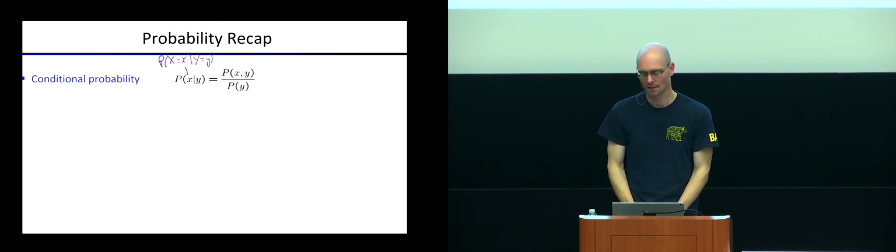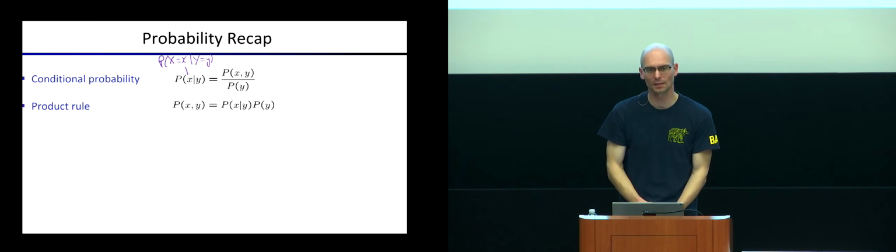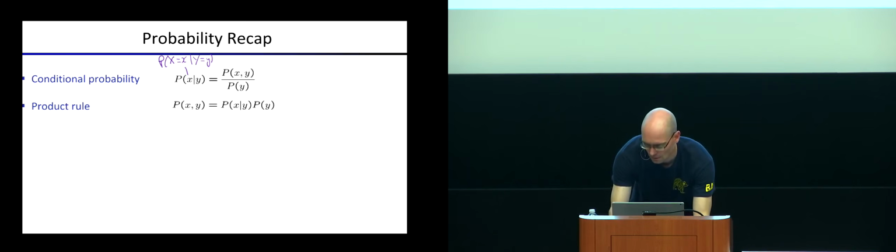That is saying, whenever y occurs, what fraction of times does x happen? You can reorganize this, and this gives you the product rule, that the joint probability of x and y is the probability of y times the probability of x given y. You can also reorder the variables to get the other version, y given x times P of x.